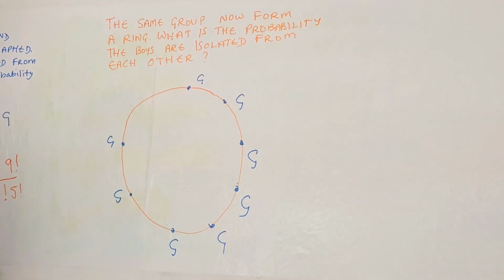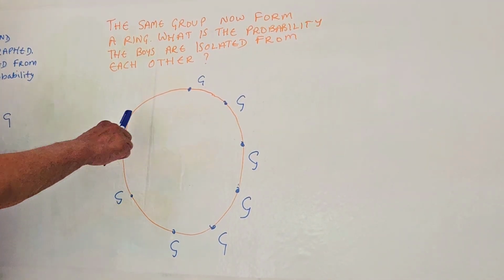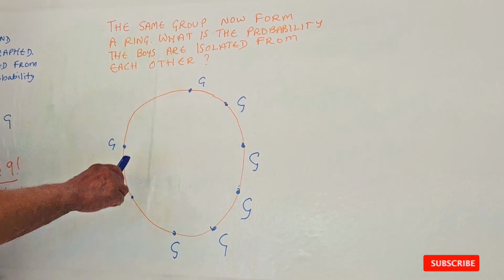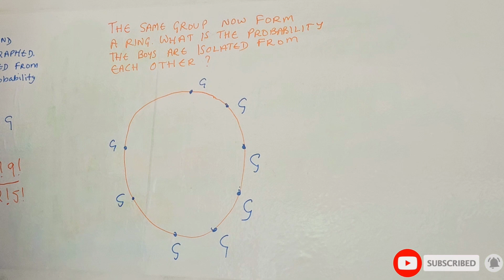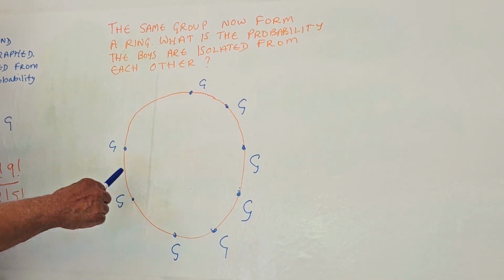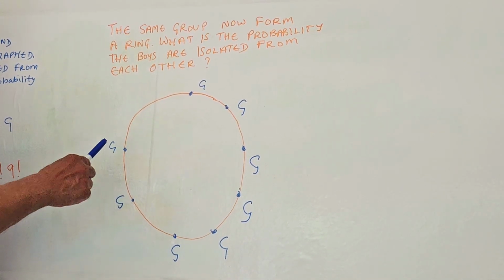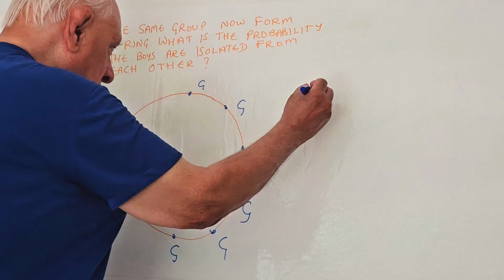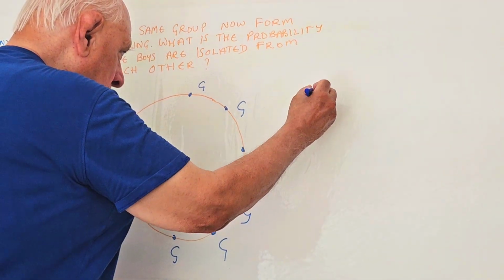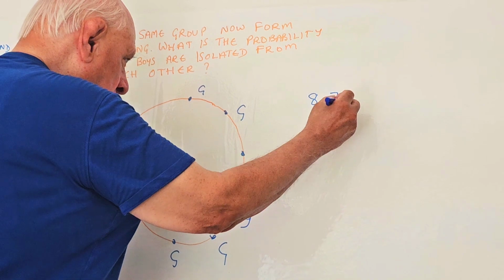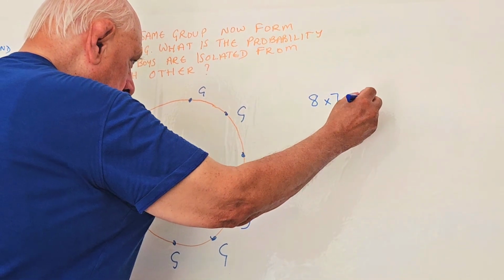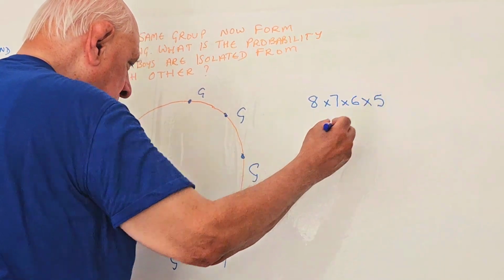And you've got 4 boys who must be inserted in the gaps. Right, there are 1, 2, 3, 4, 5, 6, 7, 8 gaps. So the first boy can be put in 8 different places. The second boy in 7, the third boy in 6, and the last boy in 5.